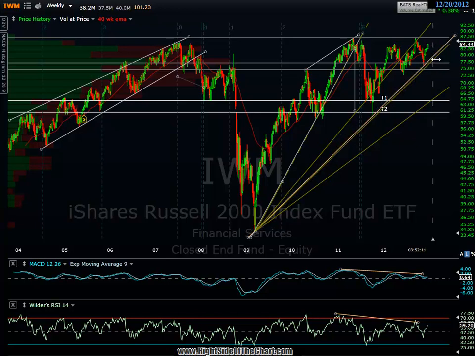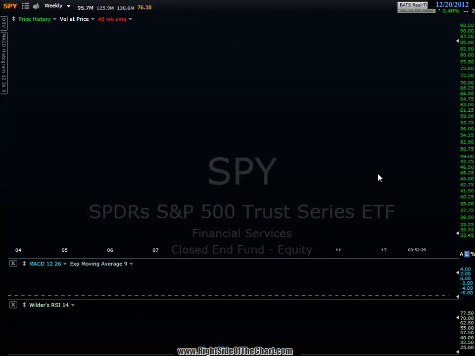I think if we do break this fan line here and this uptrend line, odds are this next fan line would be the next support level. So we'll see where that comes in. And I'll talk a little bit more on the IWM. I'll cover the Russell 2000 here in a minute. That chart's not as busy looking as this one.